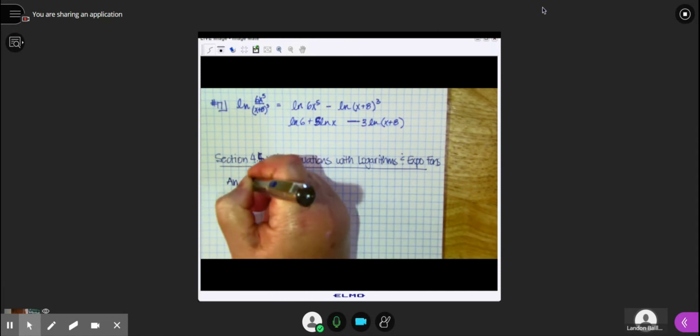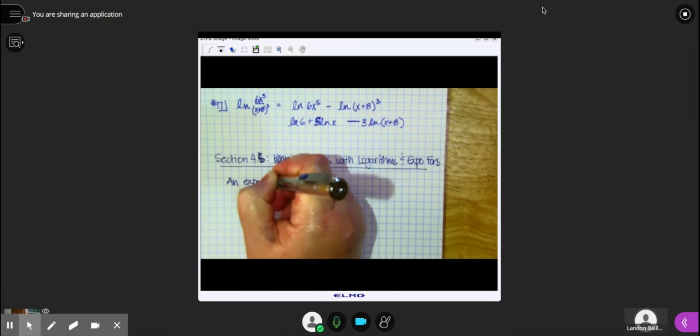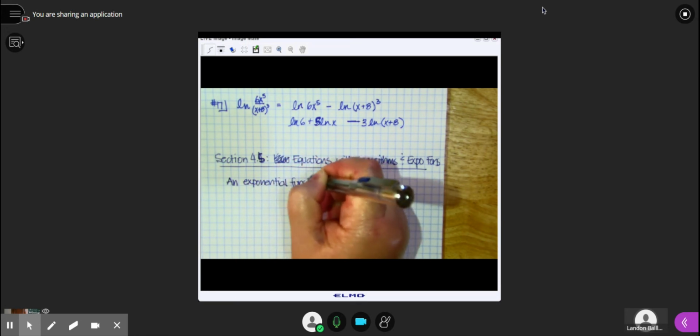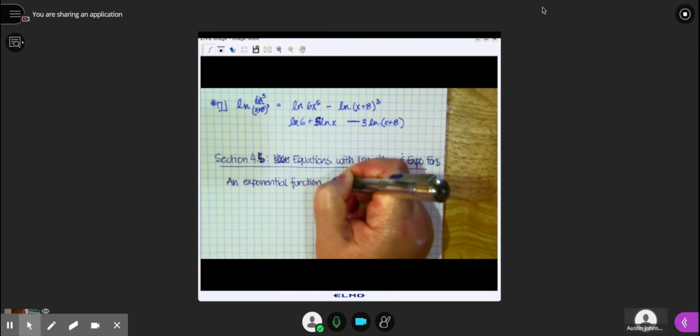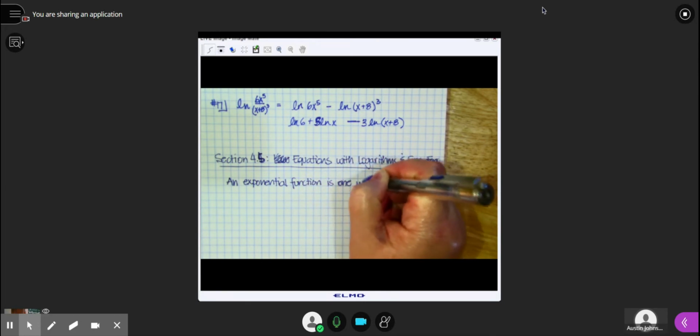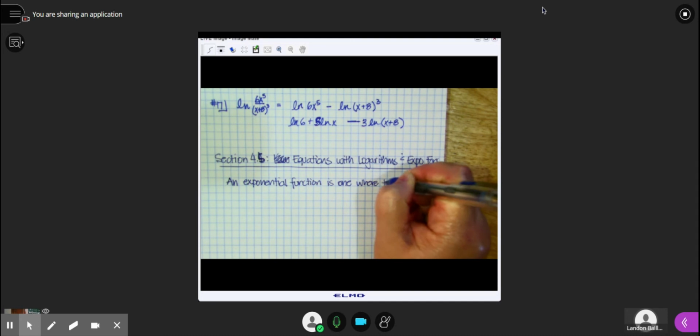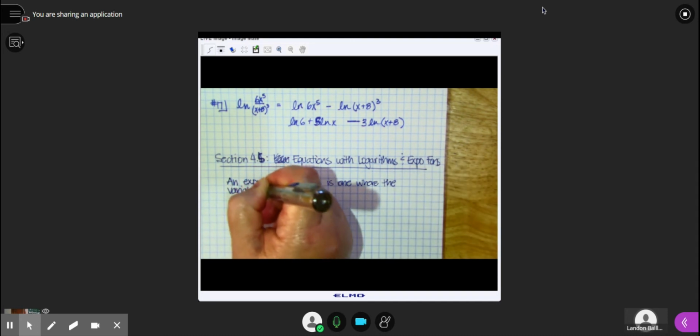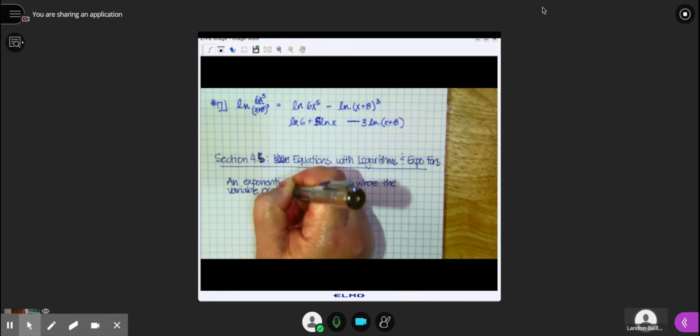So for review, an exponential function is one where the variable occurs in the exponent.